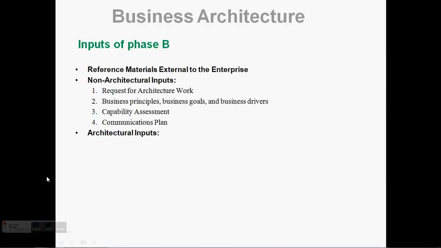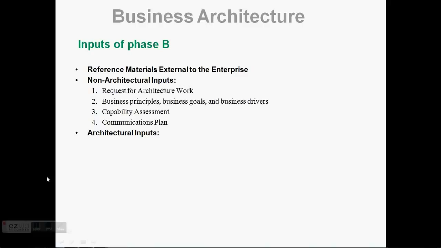The first one is reference materials external to the enterprise. Just like other enterprises, architecture reference methods or materials, or the architecture repository, acts as the holding area for all architectural related projects within the enterprise.